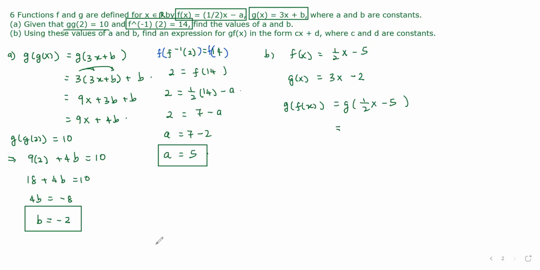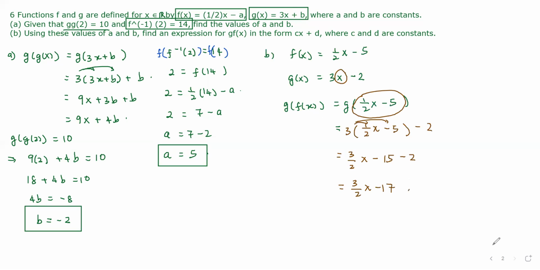For the function g, you replace x with one half x minus 5. So you have 3 times (one half x minus 5) minus 2. Expanding, 3 over 2 x minus 15 minus 2, so gf(x) is 3 over 2 x minus 17.